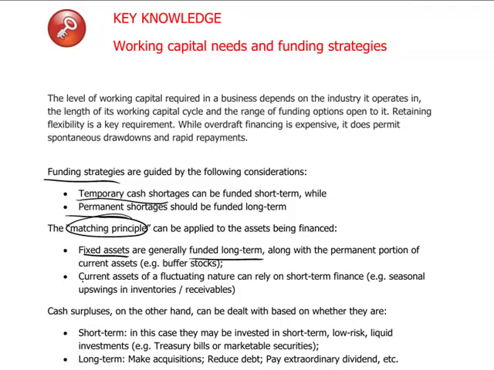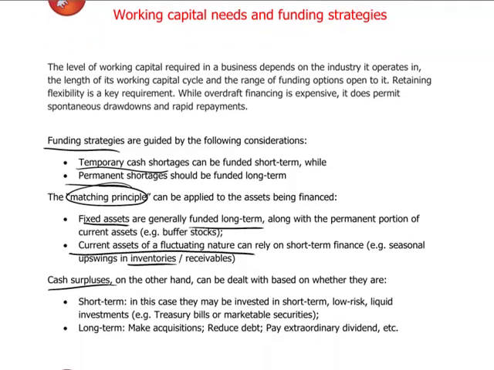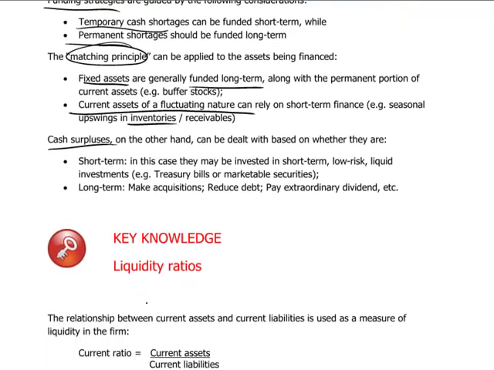Whereas current assets can be quite volatile in their nature, and therefore when you have seasonal swings in inventories and so on, it's normal to borrow short-term against that, because the short-term borrowings can be liquidated as sales are made. We've also talked about cash surpluses and the things that the company can do with those.